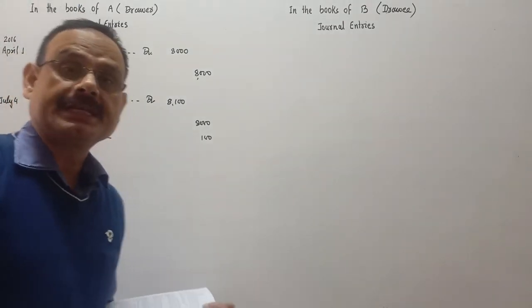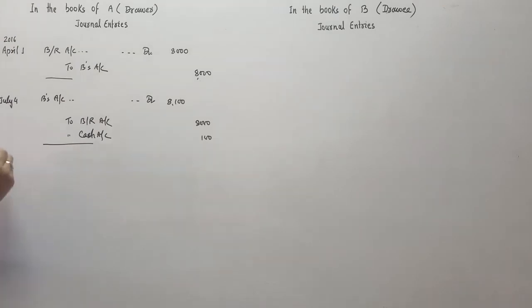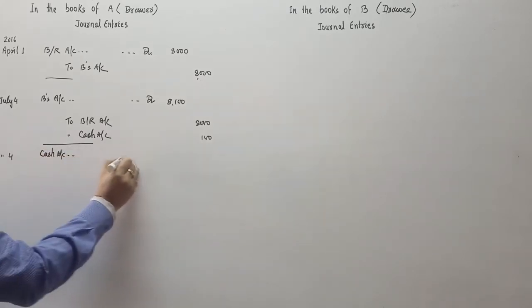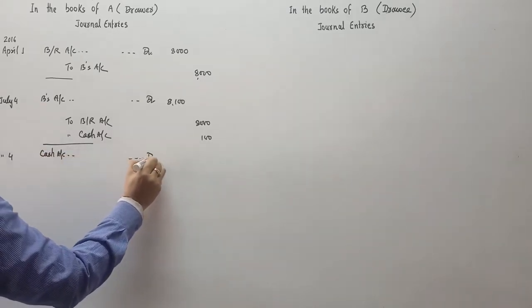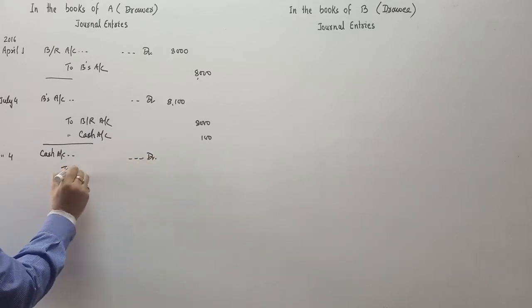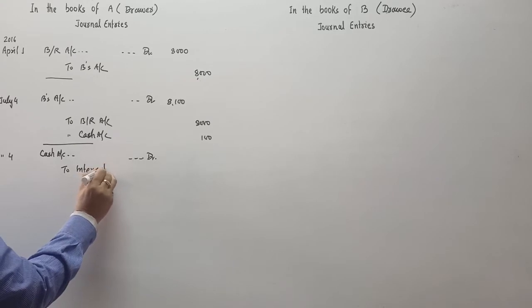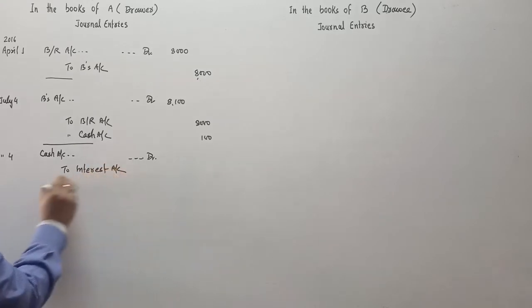So interest is the income for the drawer. So cash account debit, he has received the amount of interest, and interest will be credited as income.